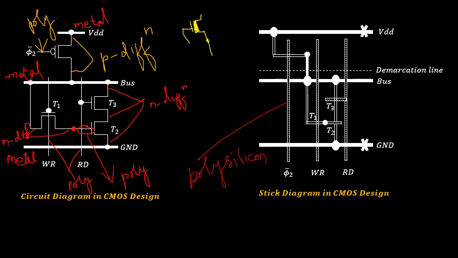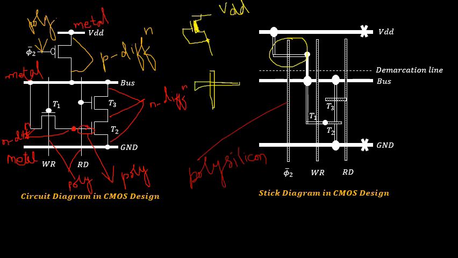So gate connected to the drain and source connected to the supply, that is VDD, if I am following the NMOS design. So instead of this, in case of NMOS design, I am having a diffusion layer of NMOSFET crossing the polysilicon.